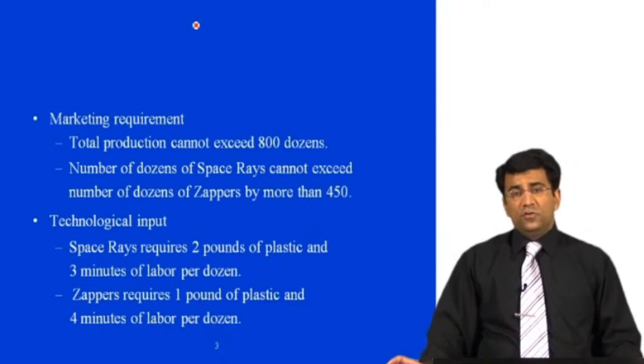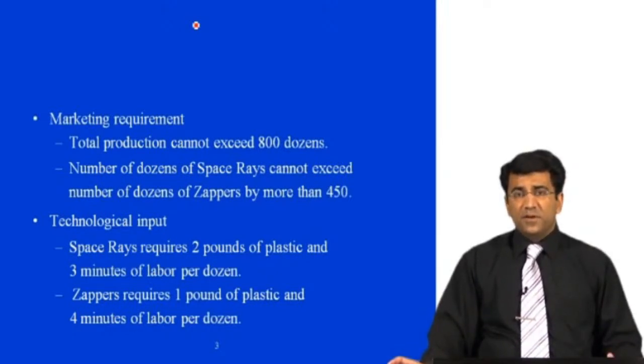Again, you know that there may be different requirements on the part of different departments. One of the marketing requirements in this particular problem is that total production cannot exceed 800 dozens. So again, we cannot have production of more than 800 dozen units. In this particular case, we are taking the production unit in dozens.